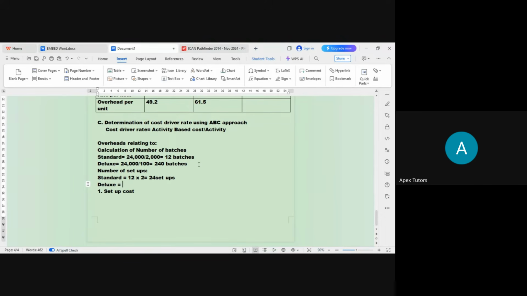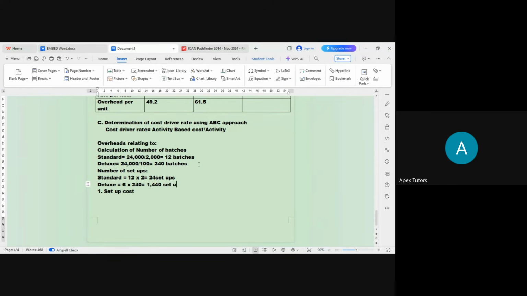For the loss, it will be what? 6 setups per batch times 240 batches. And we have how many? 1,440. So overall, how many setups are we going to have? 1,440 setups.